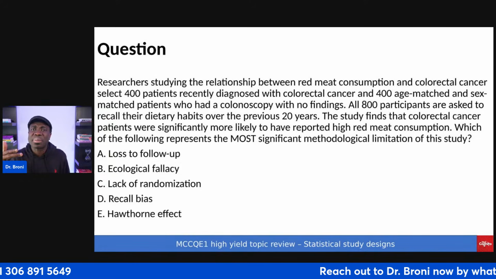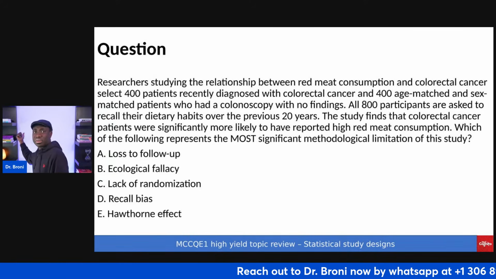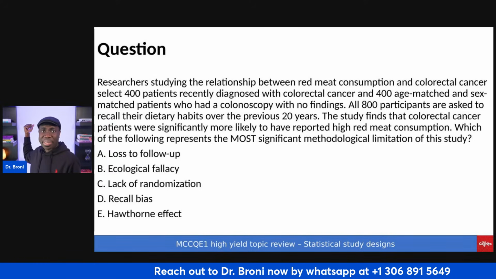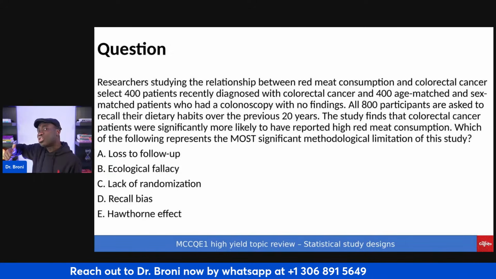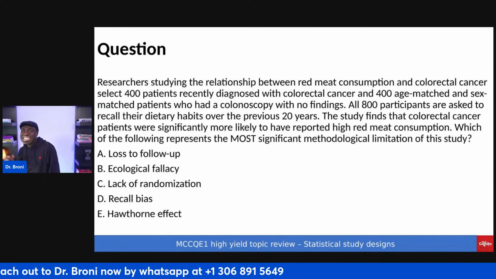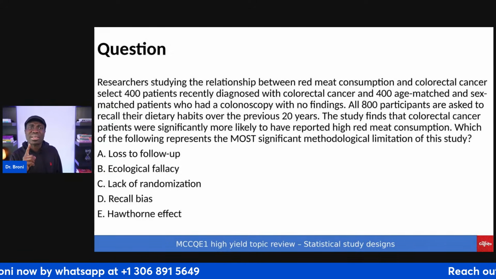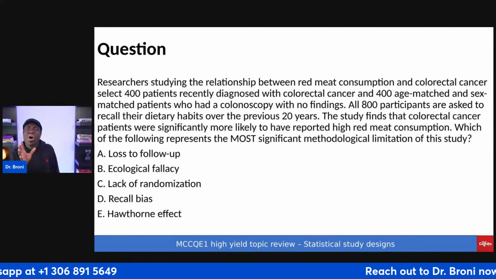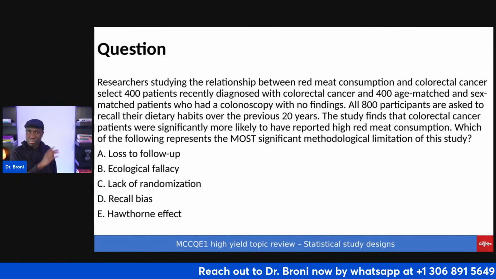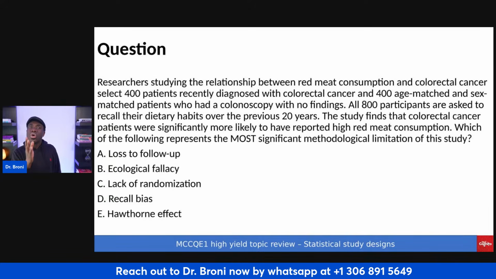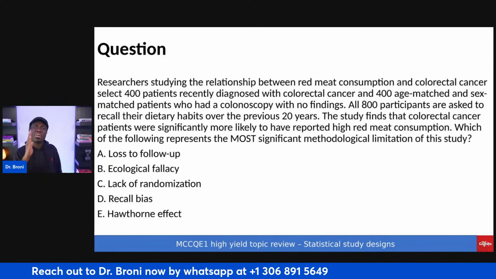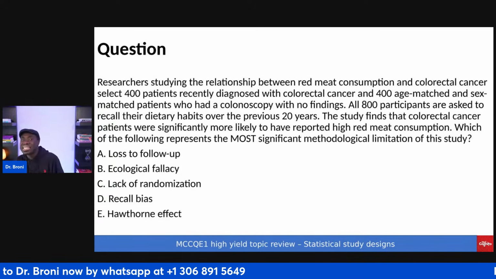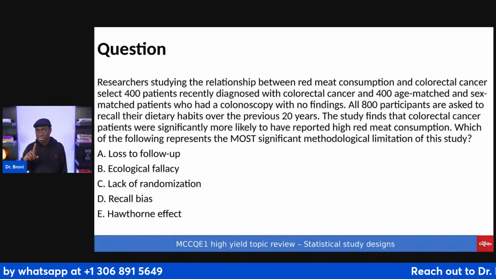All 800 participants are asked to recall their dietary habits over the previous 20 years. The study finds that colorectal cancer patients were significantly more likely to have reported high red meat consumption. Which of the following represents the most significant methodological limitation of this study?